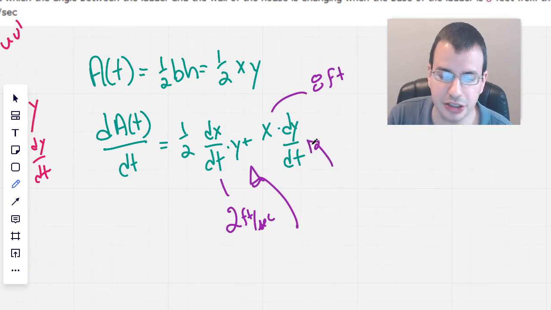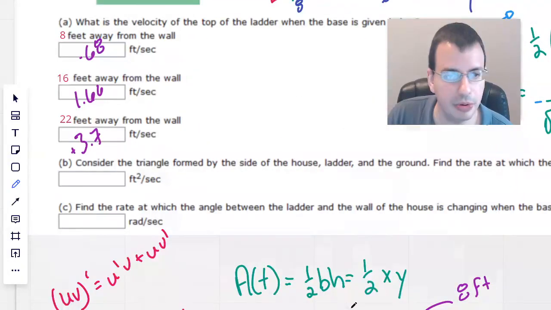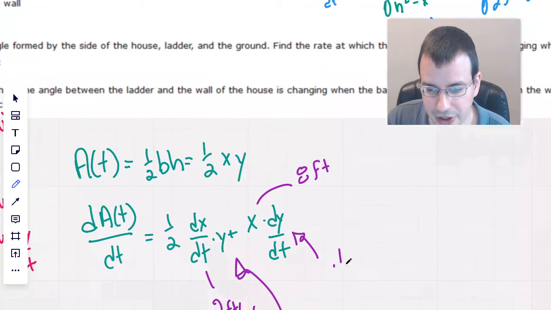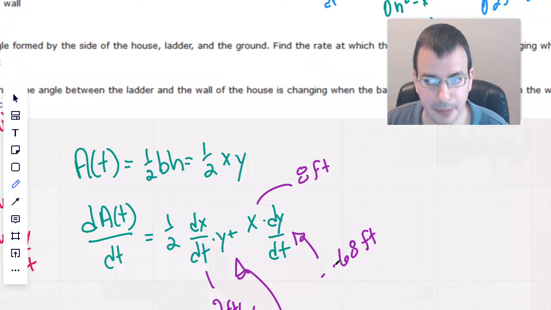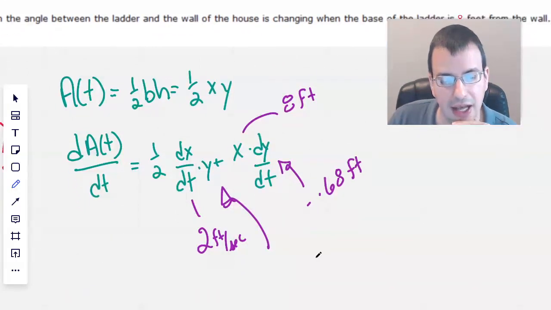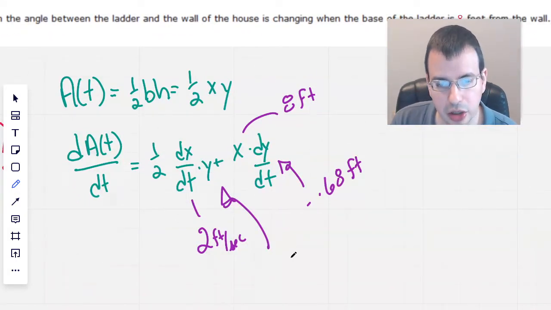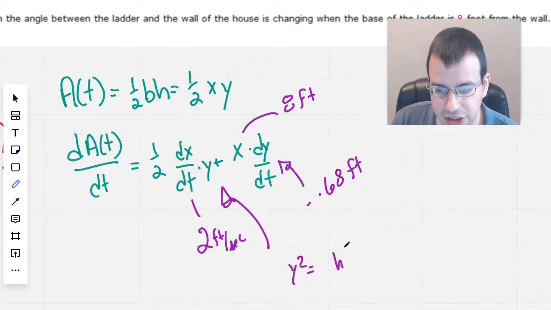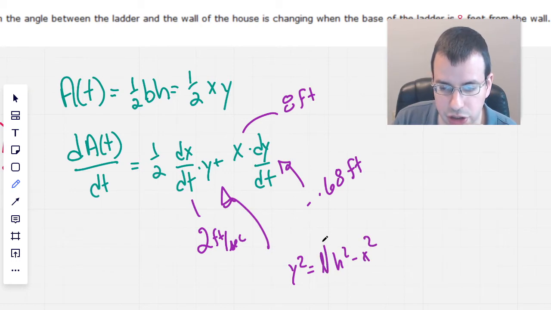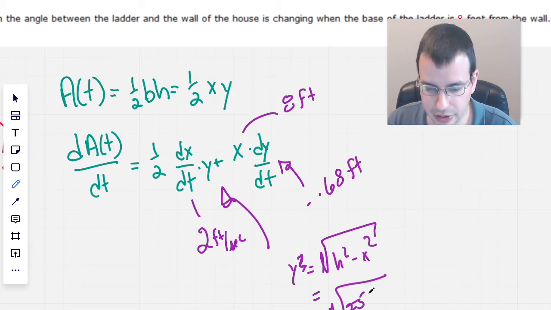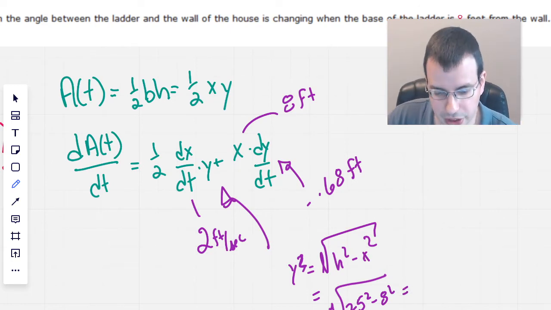And this was an answer that we got previously, which was 0.68. But I'm rounding a little bit, so this is going to be a little bit off. And I'm going to call that negative 0.68 feet per second. And wait a sec. So y squared equals h squared minus x squared, square rooted, equals the square root of 25 squared minus 8 squared, which is probably like 23.